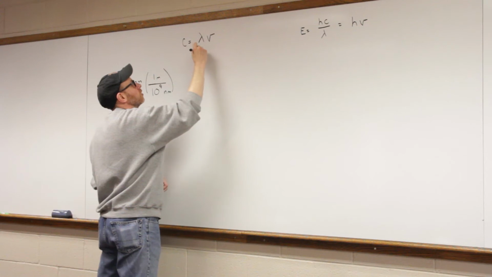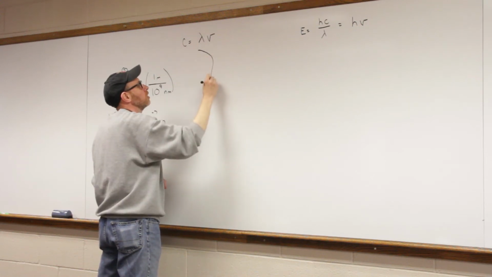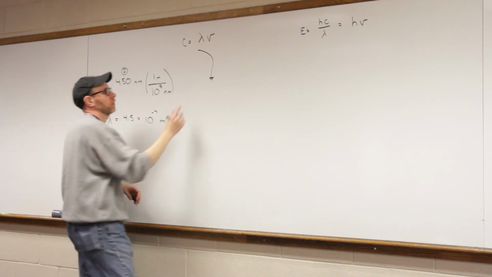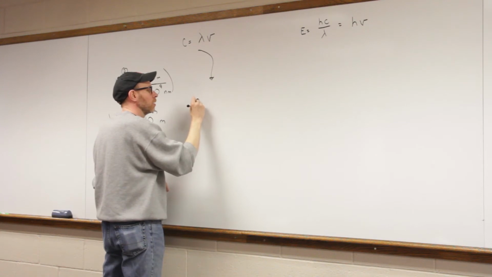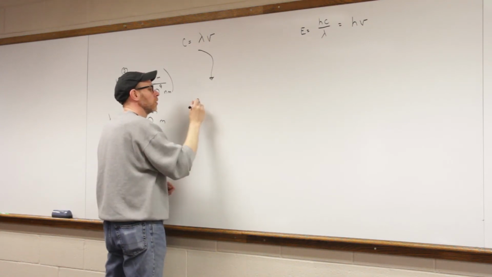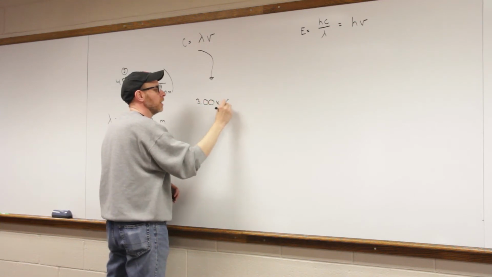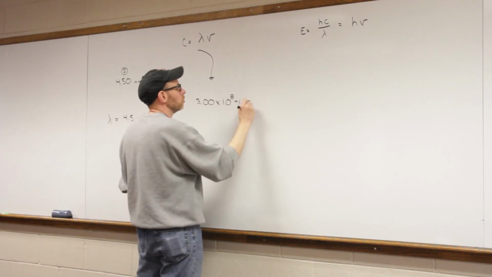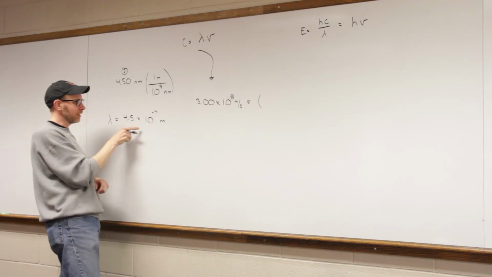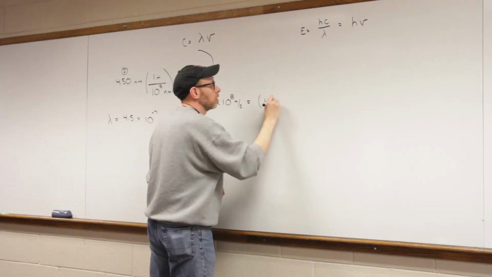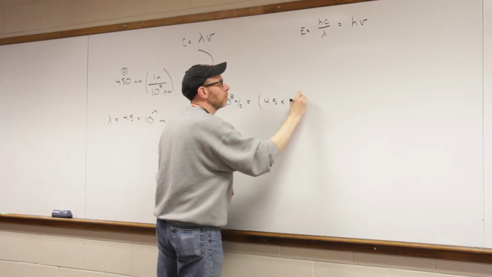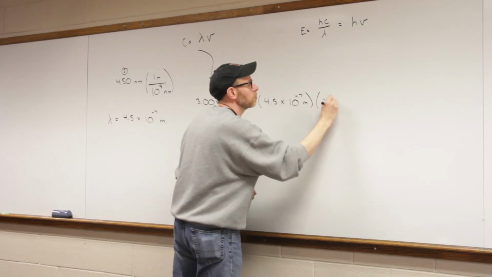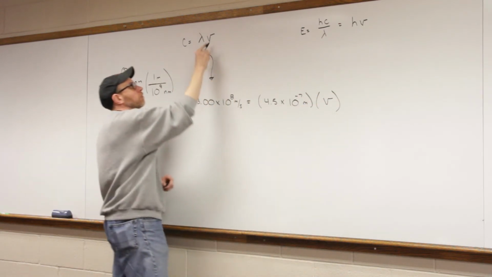Now that allows us to take this expression and use it to calculate the frequency, knowing only the wavelength. So we've got our speed of light, c, is 3.00 times 10 to the 8th meters per second. And that's going to be equal to the wavelength that we just calculated, 4.5 times 10 to the minus 7th meters, multiplied by the frequency.